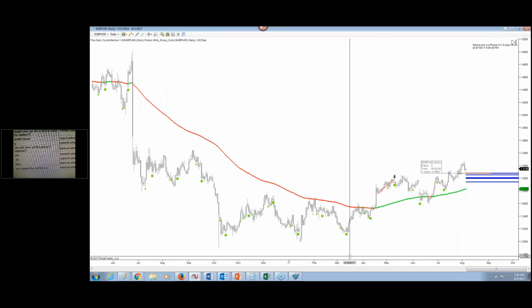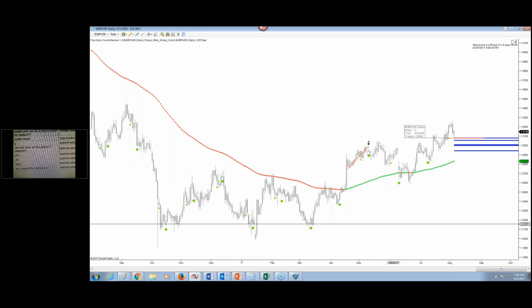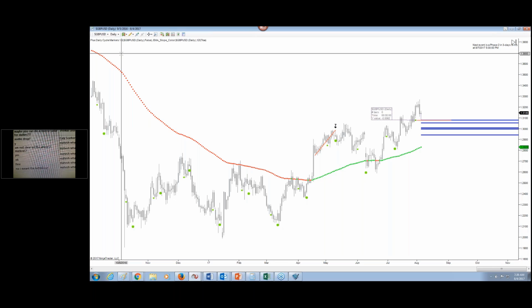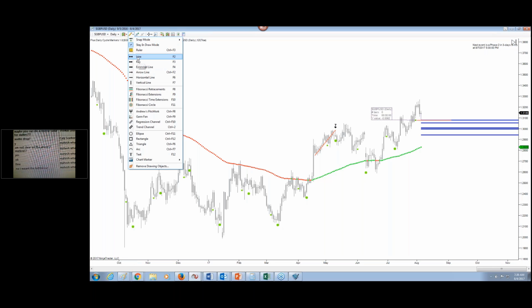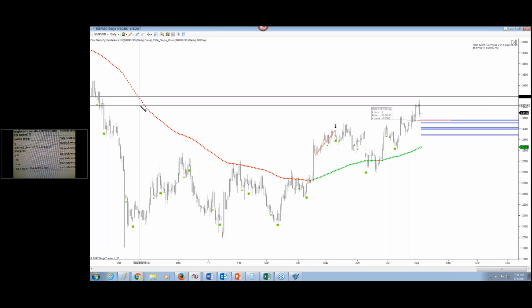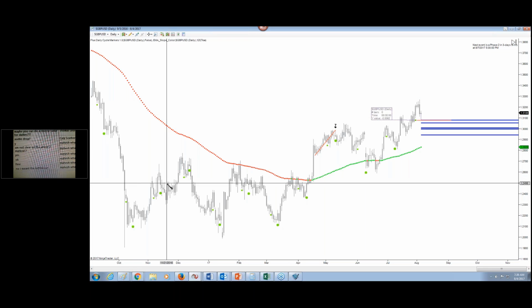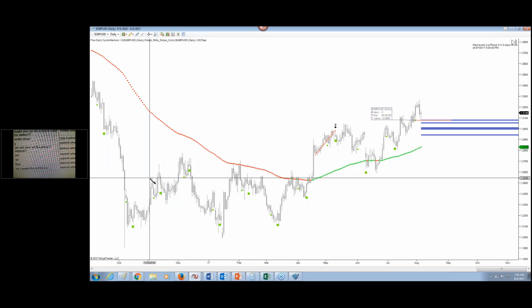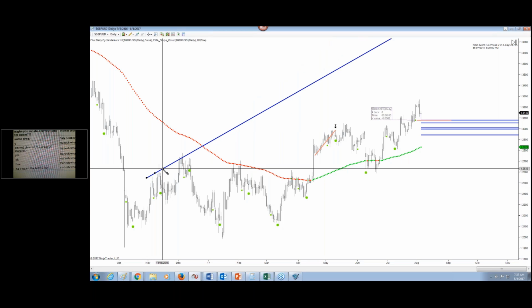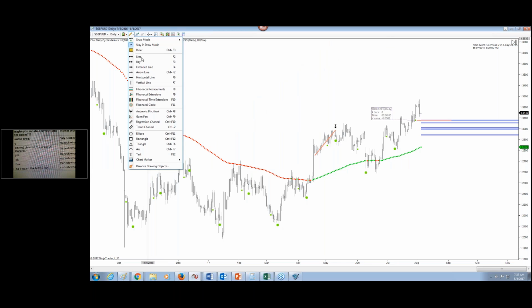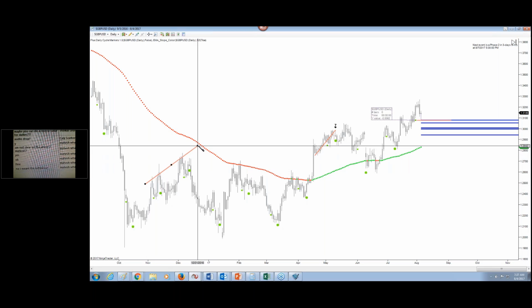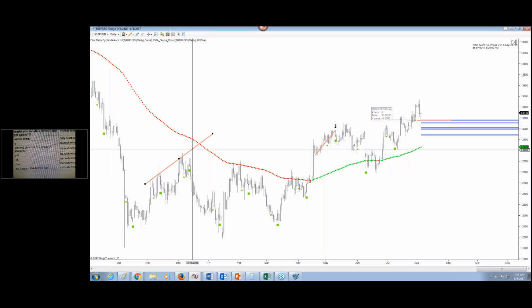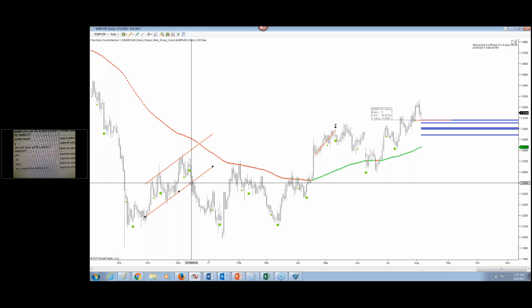So let's get into it, shall we? I'm going to do this by hand, but there's a software indicator that does this automatically. And what I'm looking for is an angle that describes how this market is moving.